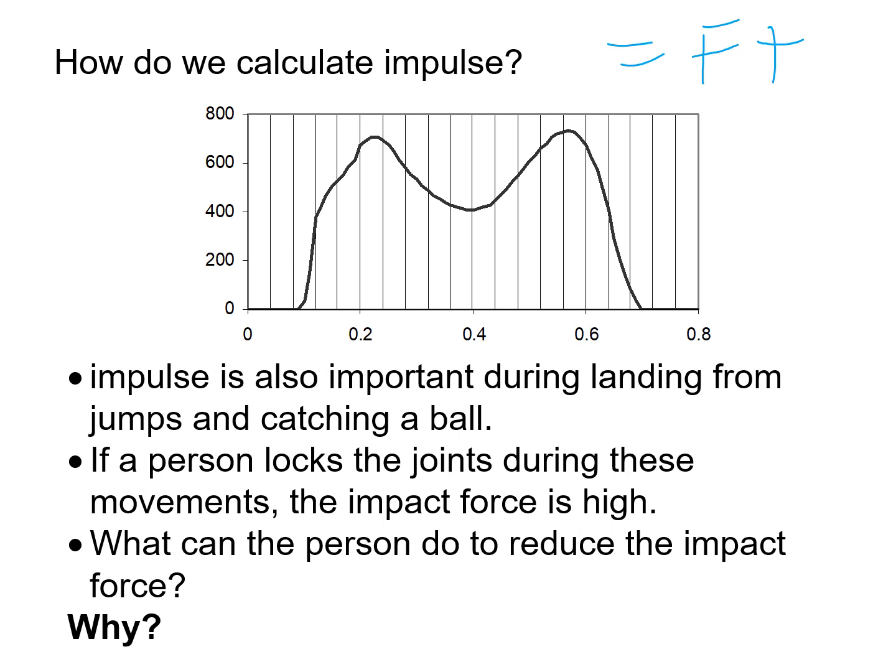If a person locks their joints during these movements, let's say they're falling from a ledge, and they keep their legs as straight as they can, would the force at their feet, their legs and their hips be greater than if, when they started hitting the ground, they started going into flexion at their knees, at their hips, and a bit of dorsiflexion at their ankles and feet? Well, that's going to increase the time a force is being applied, so it's going to be less over time.